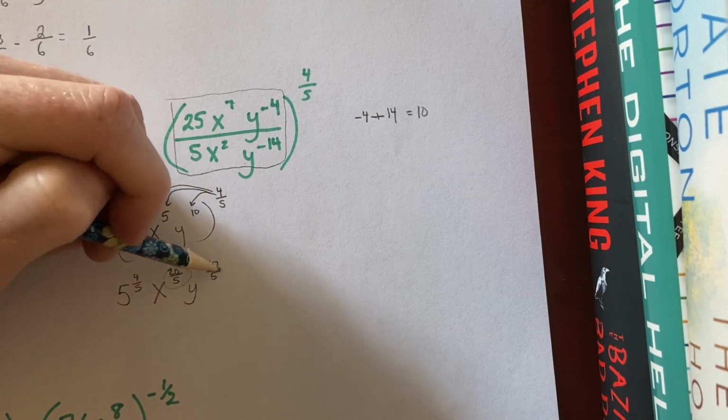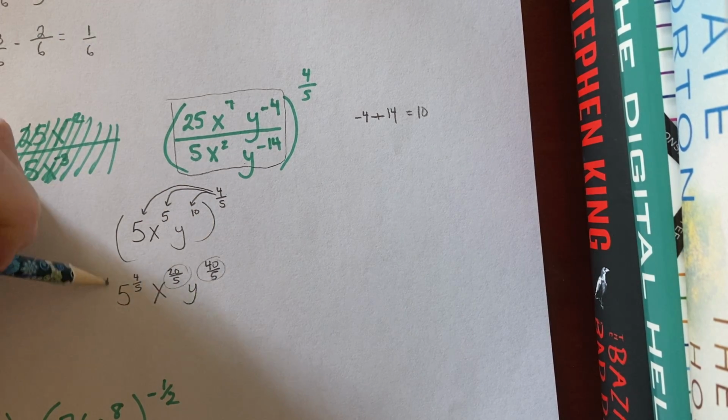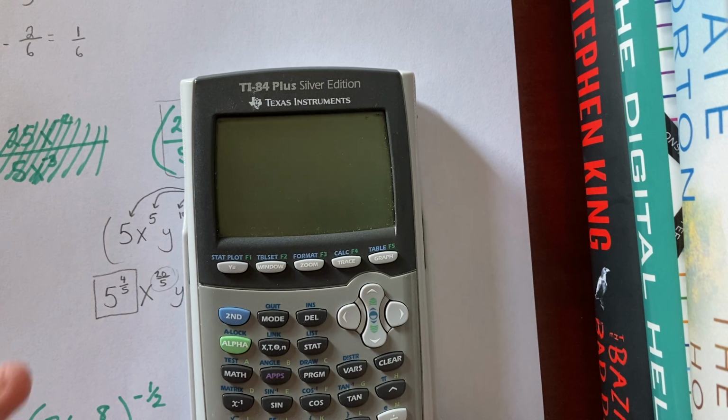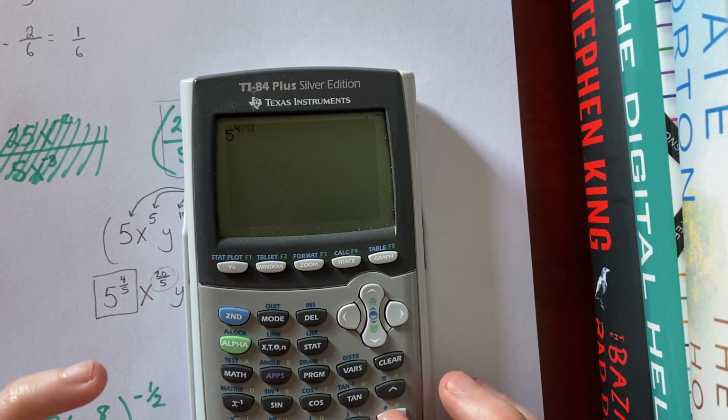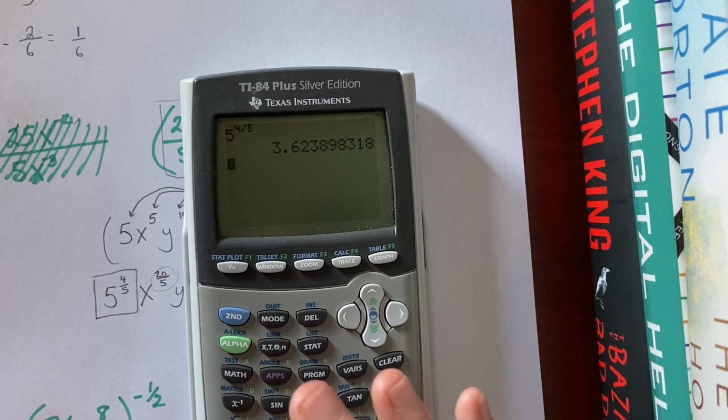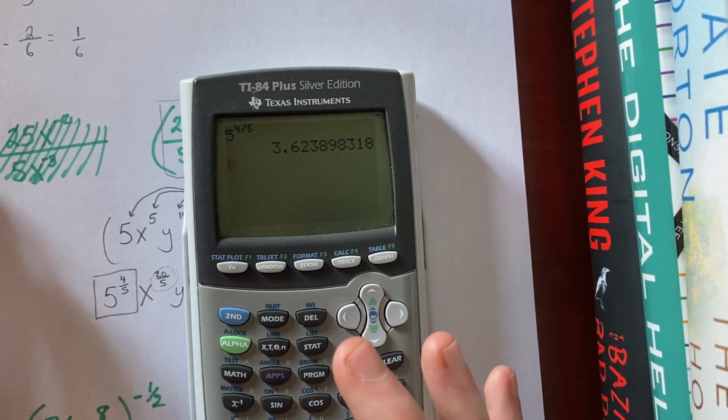We can go back through and simplify these numbers, and I want to type this in my calculator to see if this gives me a nice clean answer. So we have 5 to the 4/5 power. It is not a nice number, so I'm just going to leave it as 5 to the 4/5 power. I mean, if you want to get fancy, you can write it as a radical. You don't have to.